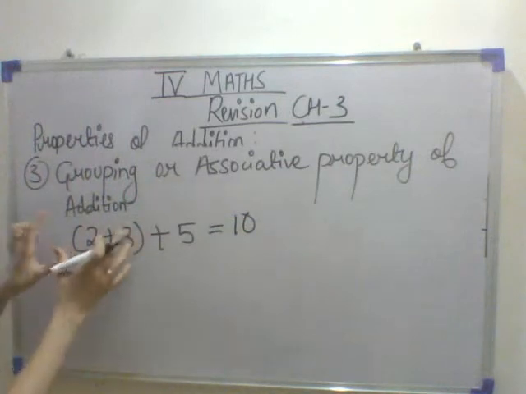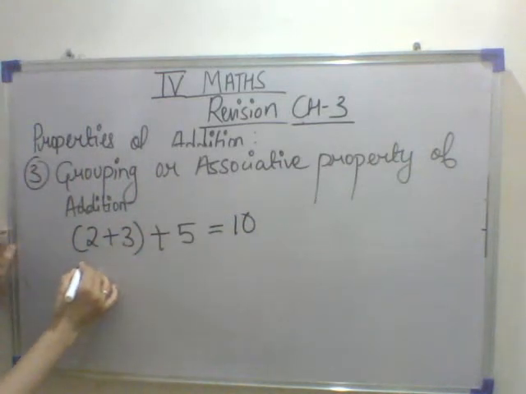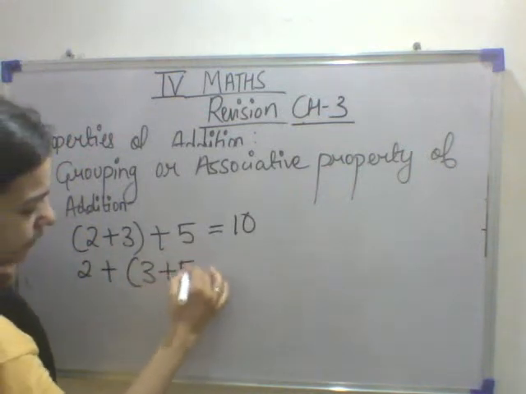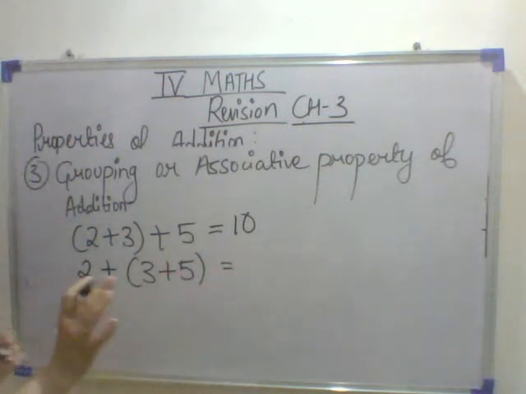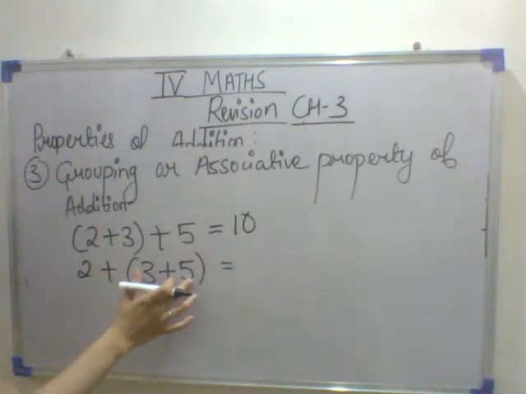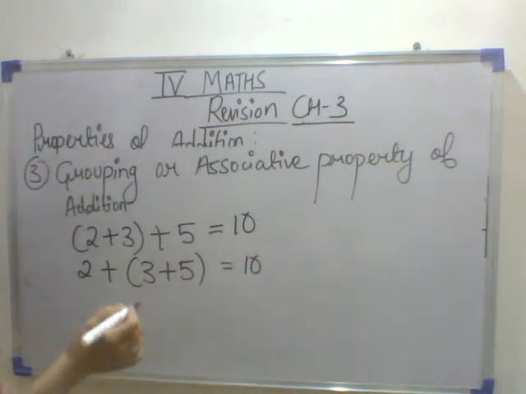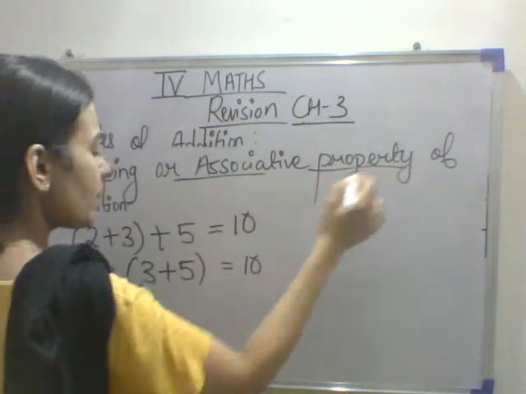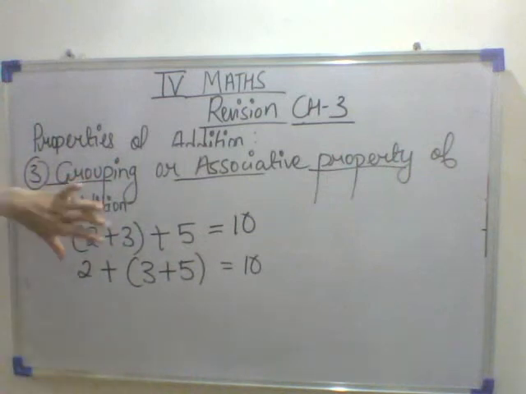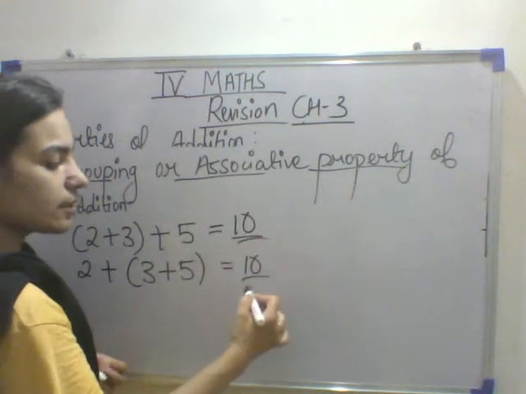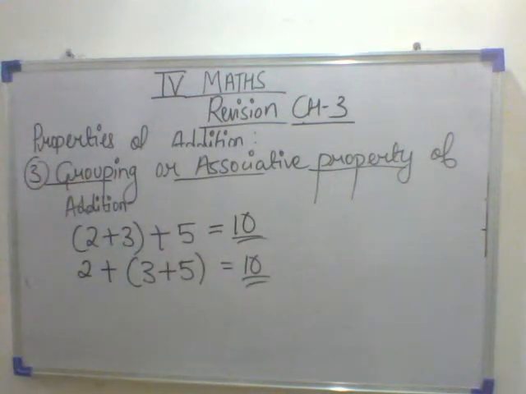If I change this, if I write it 2 plus 3 plus 5 with a different grouping, then also you will be getting the same answer. 3 plus 5, 8. 8 plus 2, 10. So this grouping or associative property means here we are forming the group of these two numbers. We have changed the group, but the answer remains the same. So this is the grouping or associative property of addition.